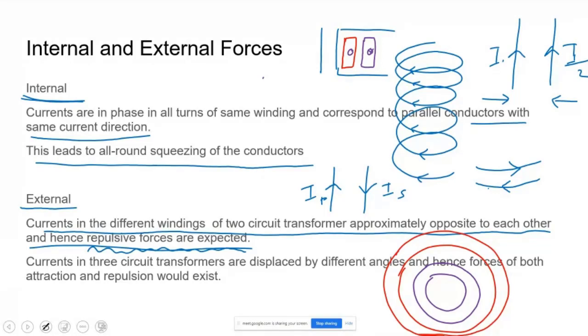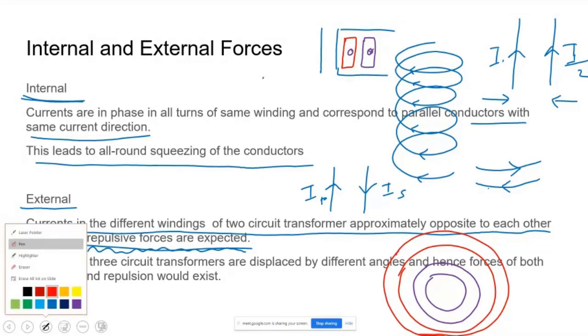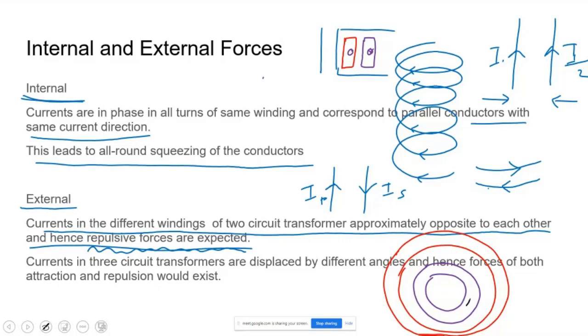Suppose in the primary winding the current direction is like this, in the secondary winding the current direction is like this. Exactly opposite. This is what I have been telling. Do you understand? Can you see these two black arrows on your screen? Yes, sir. So these depict the direction of the current.